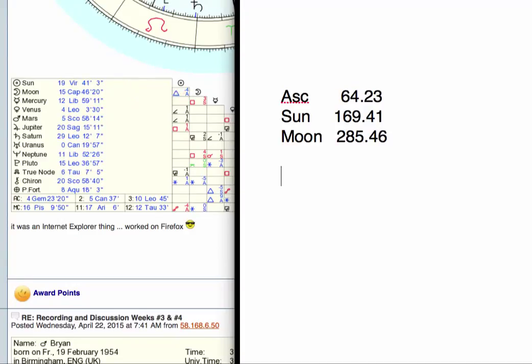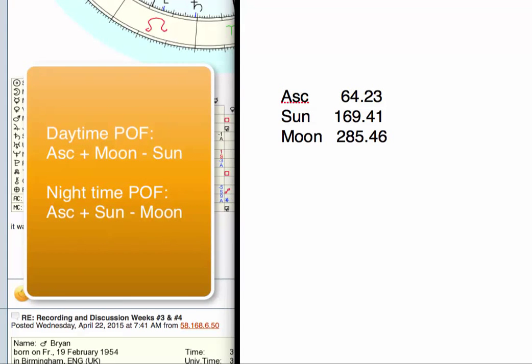First, let's calculate the part of fortune for a nighttime birth, which is what we have. And so we're going to take the ascendant, that's 64.23, and we're going to add the sun, and that is going to equal 233.69. Okay, we want to minus the moon, and right away we have a problem.